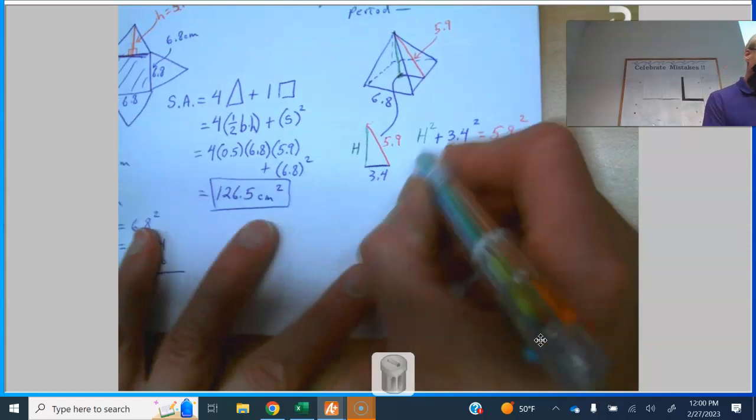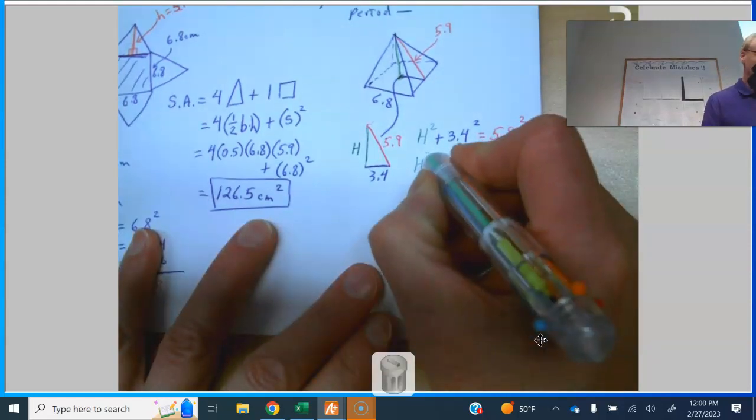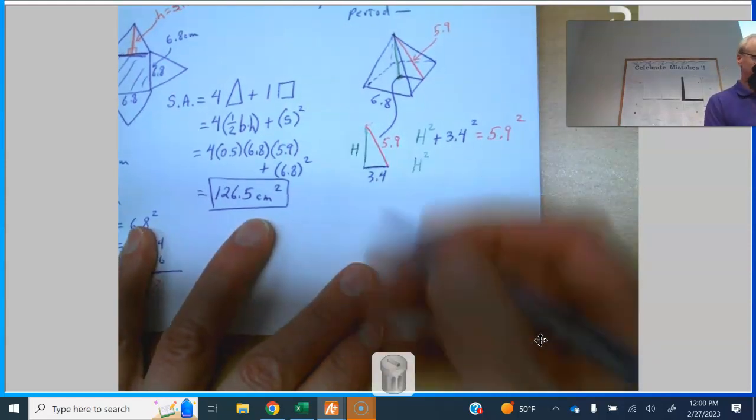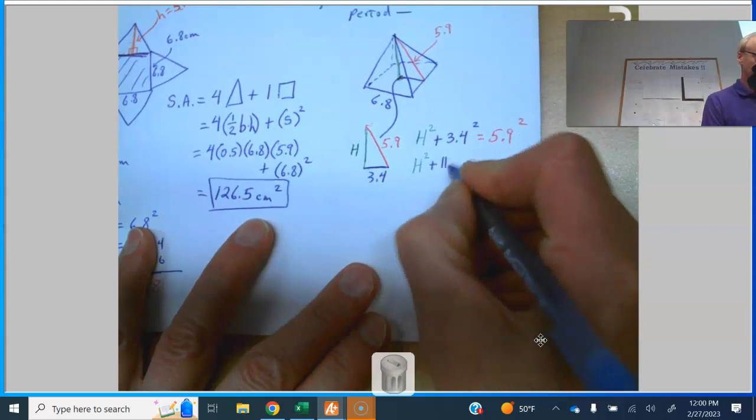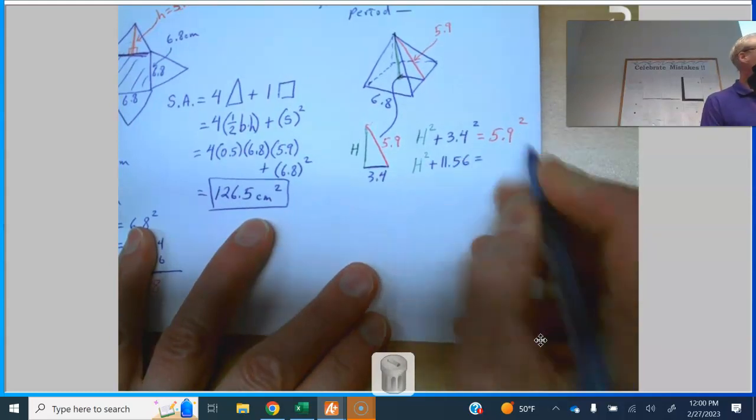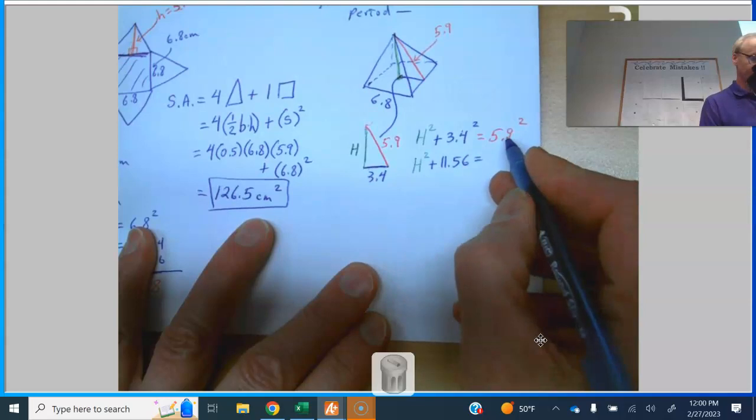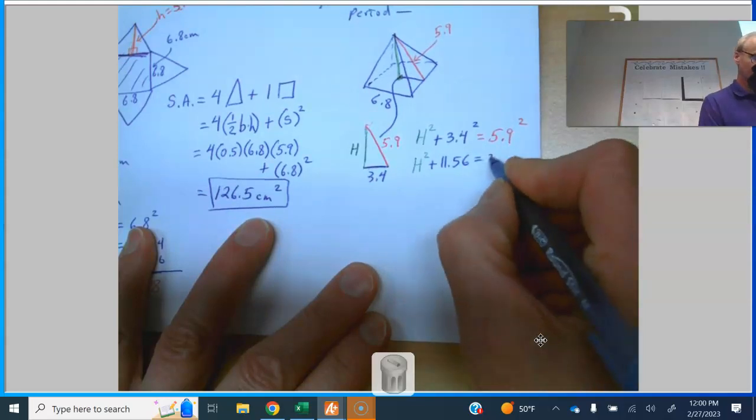So this is h squared plus 11.56. 5.9 squared is 34.81.